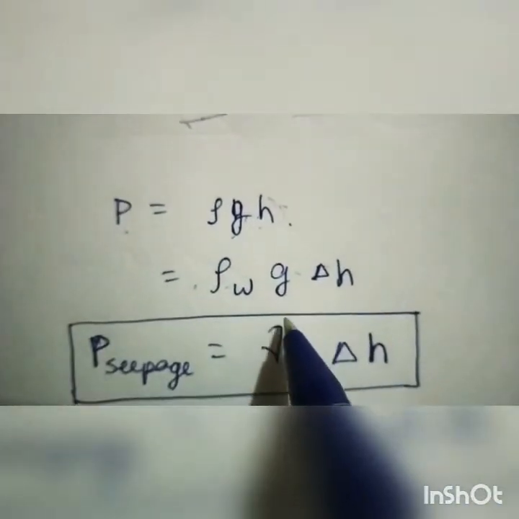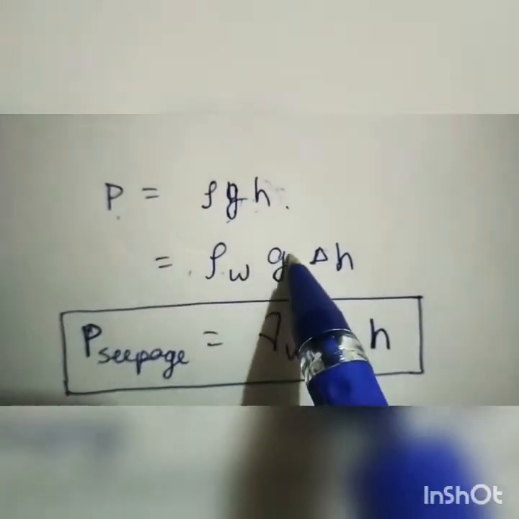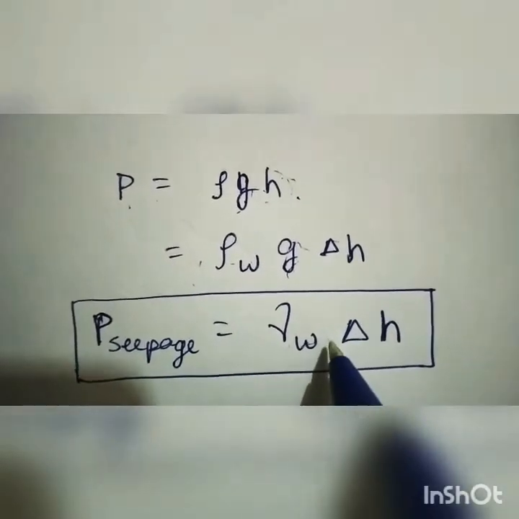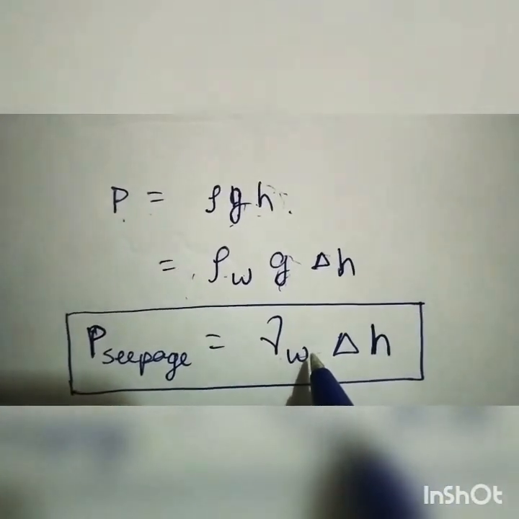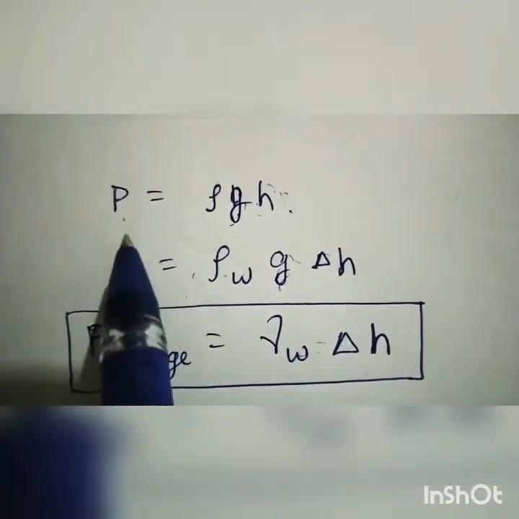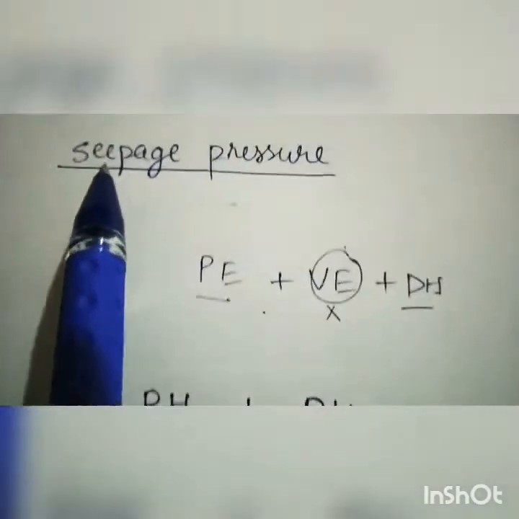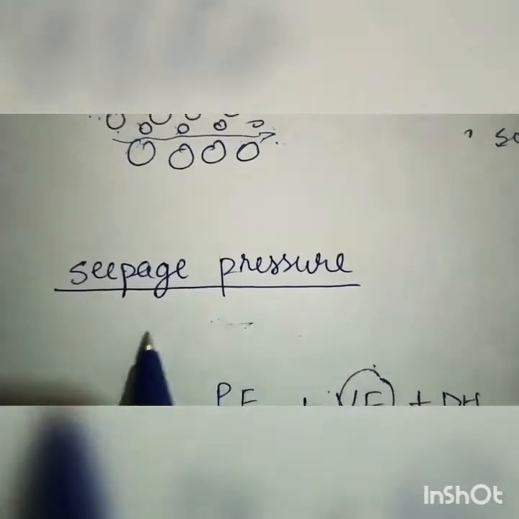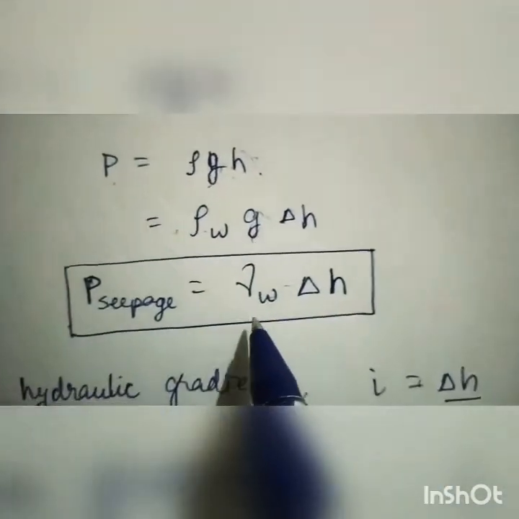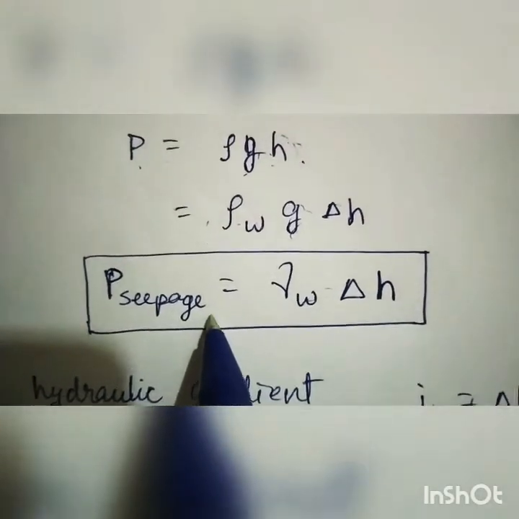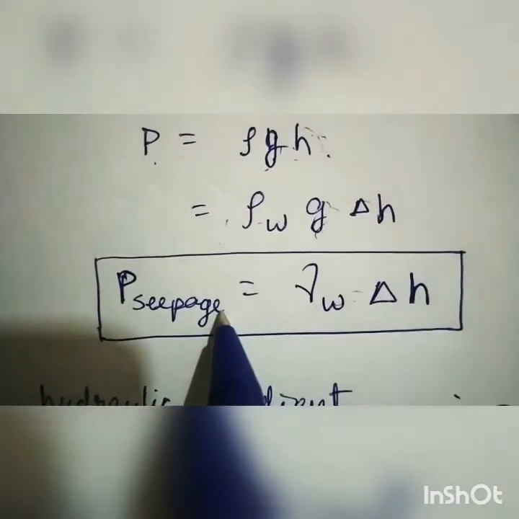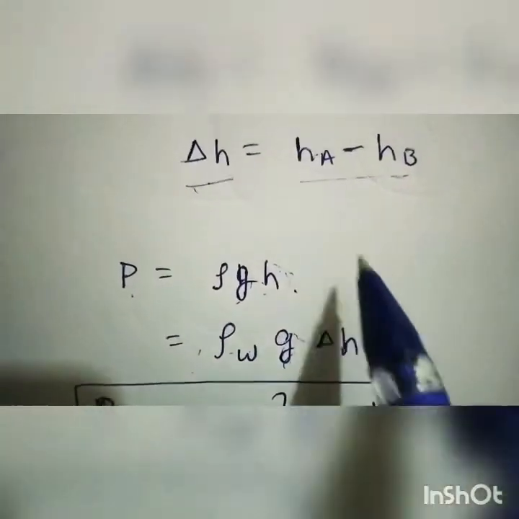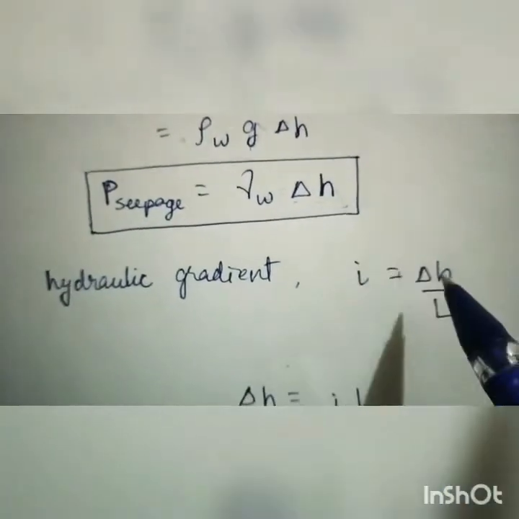So we can write rho W and g as gamma W, which is the unit weight of water, and this pressure which is applying here, this is the seepage pressure which we are talking about. So we see that seepage pressure is equal to gamma W into delta H. Delta H we know from here.